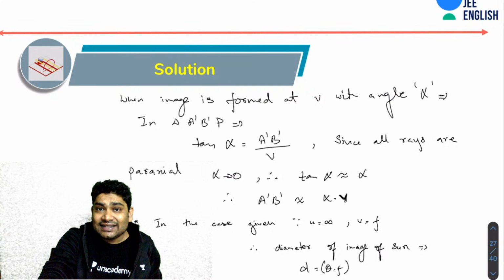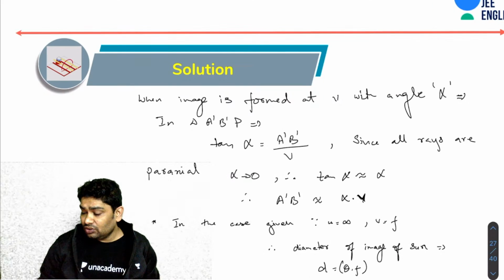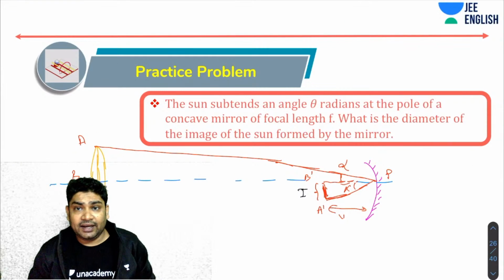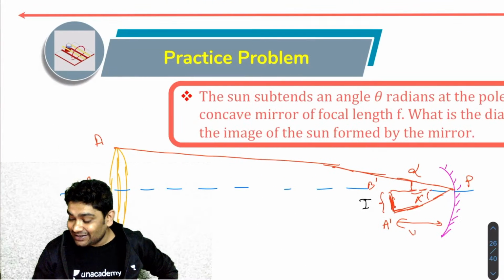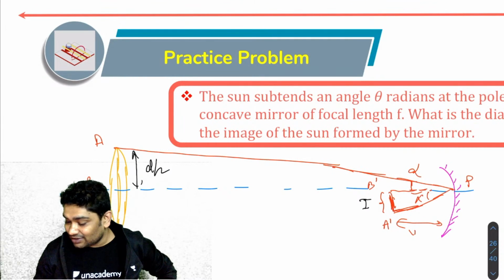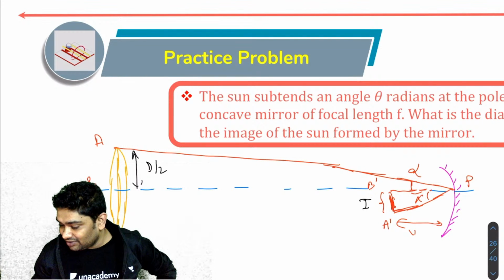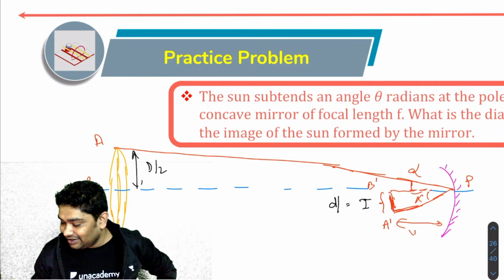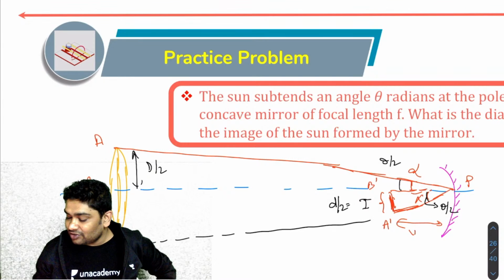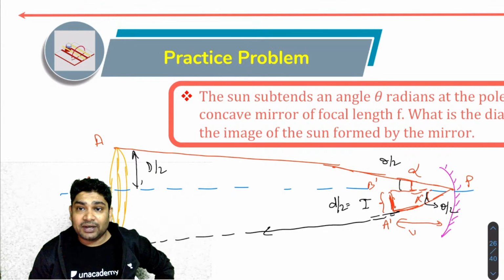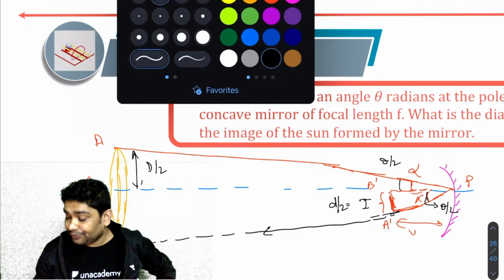So that's the logic that we are using. You can take a look at this ray diagram again, and this is D by 2, and this is small d by 2, and this would have been theta by 2, and this would have been theta by 2 again. Why? Because of the symmetry, the total angle subtended by the sun would have been theta.